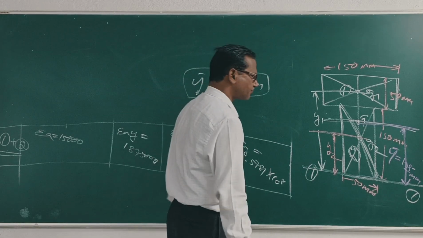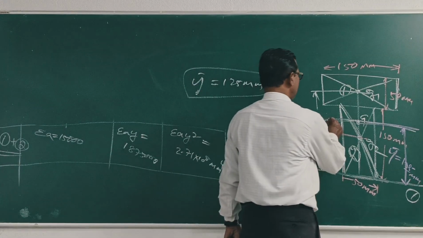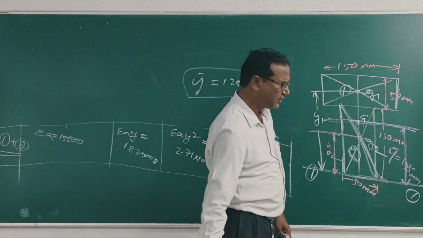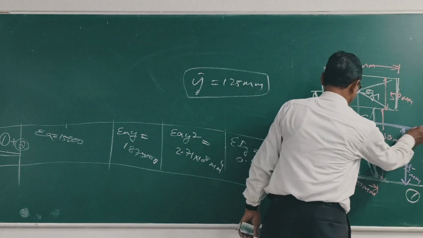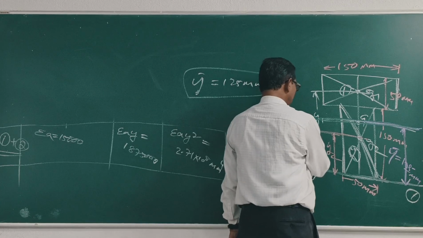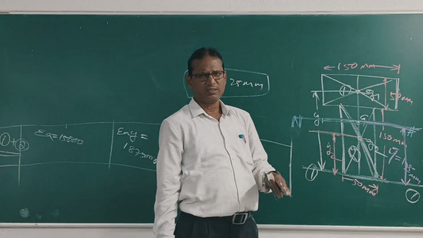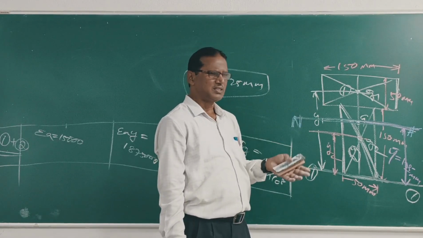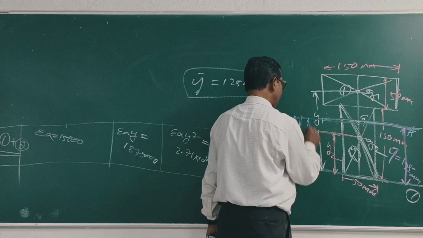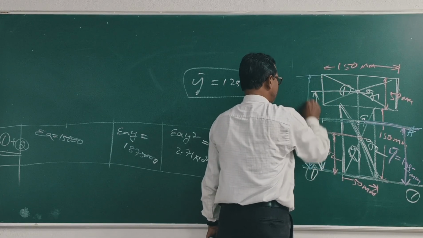Also, below this is the neutral axis. I already told you the neutral axis passes through the centroid of the figure. This is NA, the neutral axis. So, below the neutral axis is the tension side, above the neutral axis is the compression side. So this is YC, this is YT.